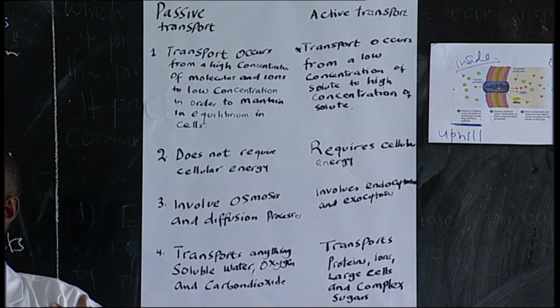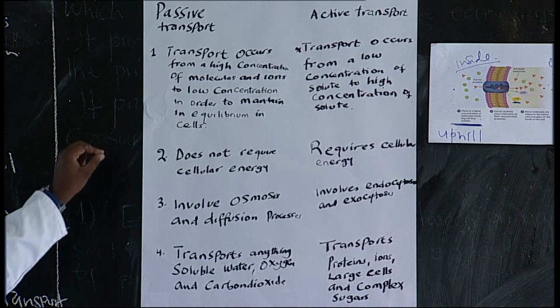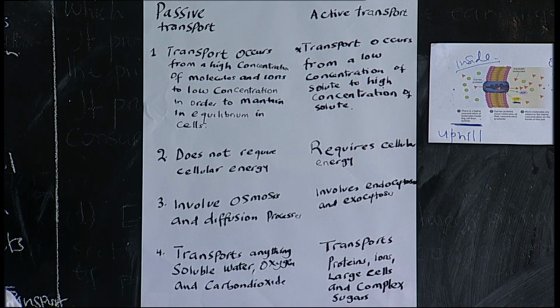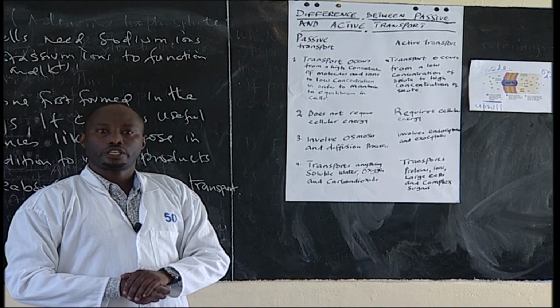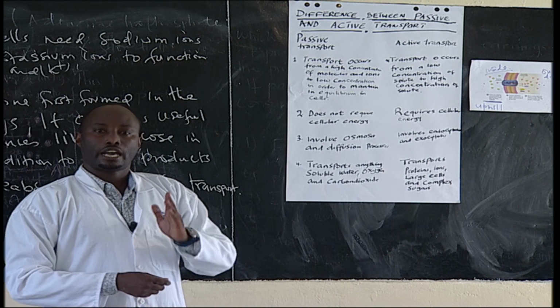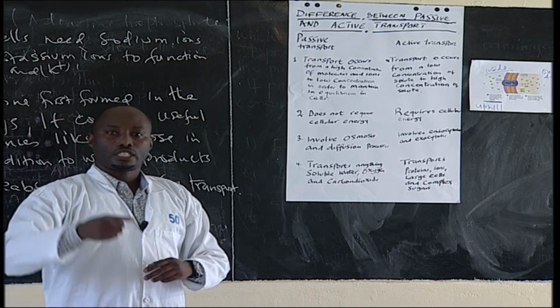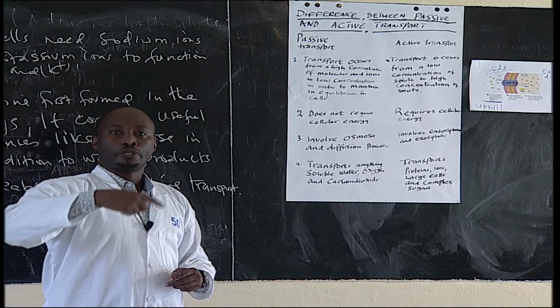They don't need energy to carry them. But in the case of active transport, molecules have to move with the aid of energy. That form of energy used to transport molecules is referred to as ATP. Students, I remind you that ATP is adenosine triphosphate. When you get a diphosphate plus another phosphate group, you get a triphosphate. Most of that energy is stored in the mitochondria, where cellular respiration takes place.